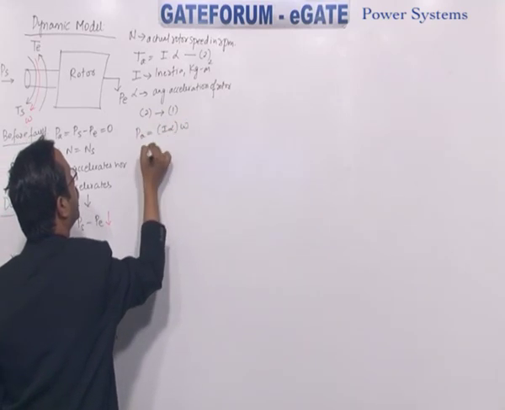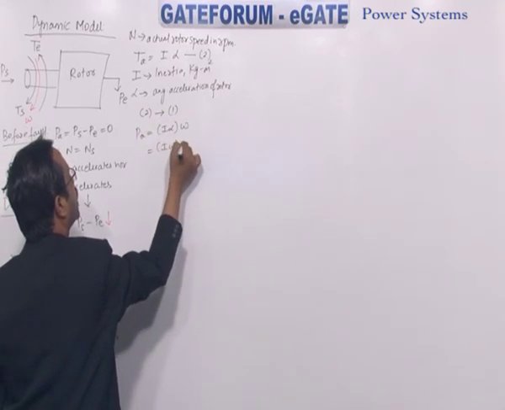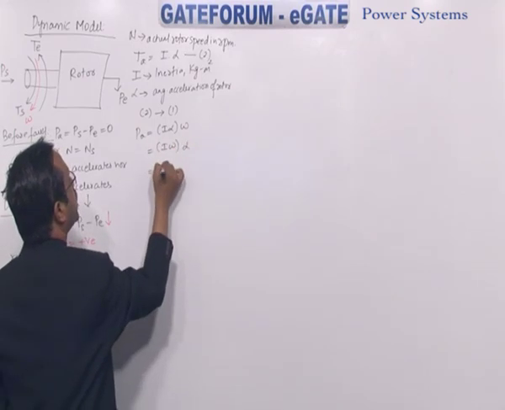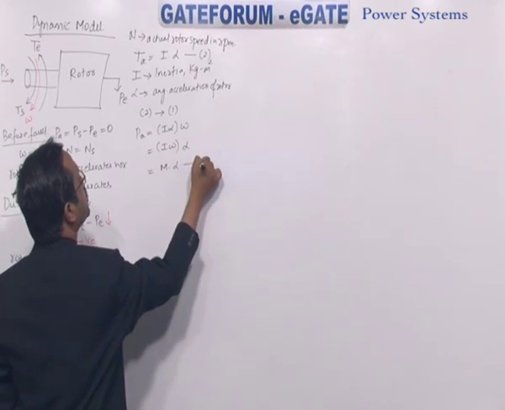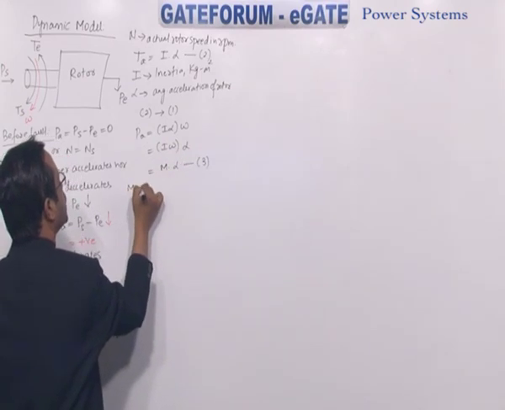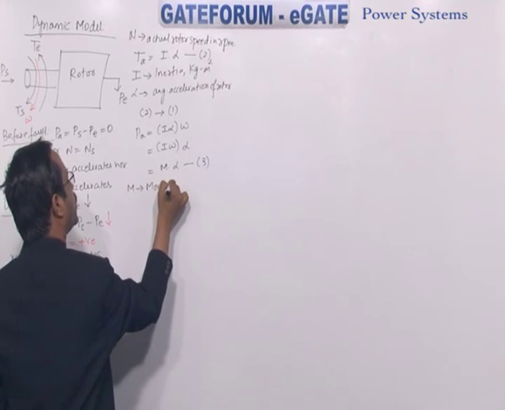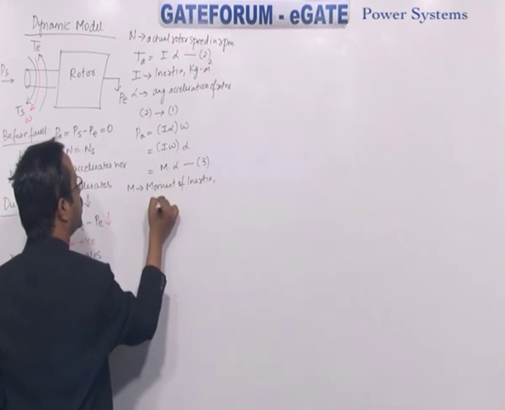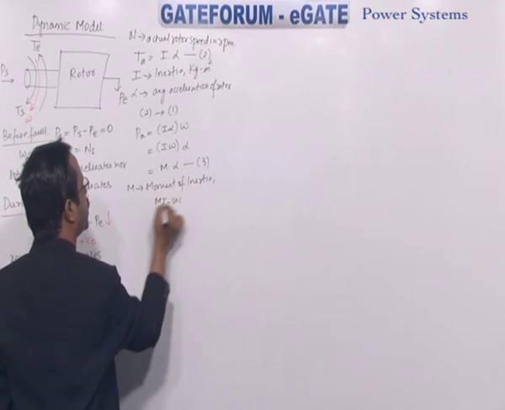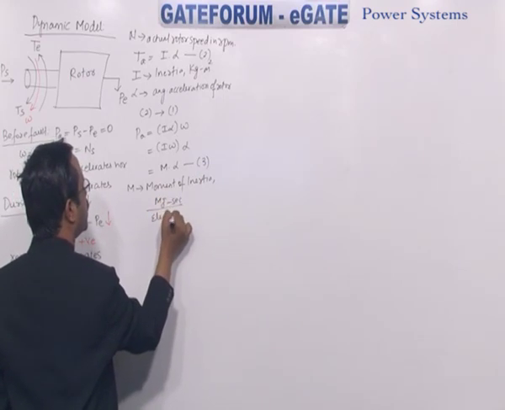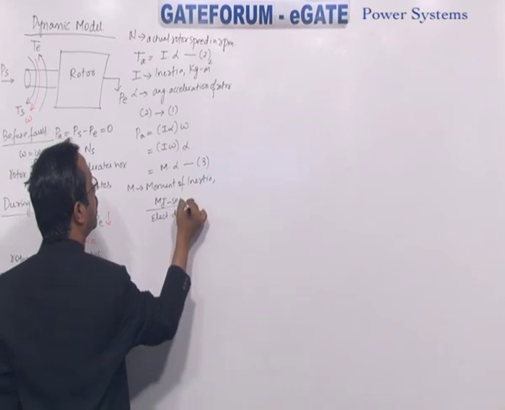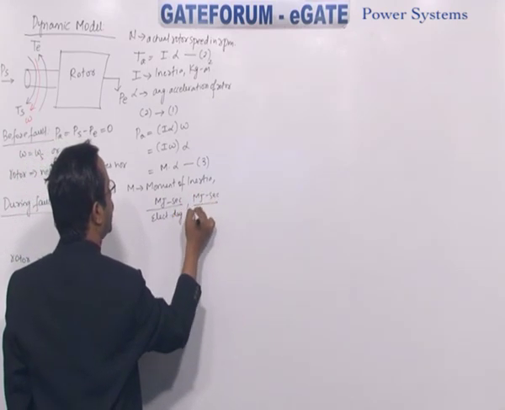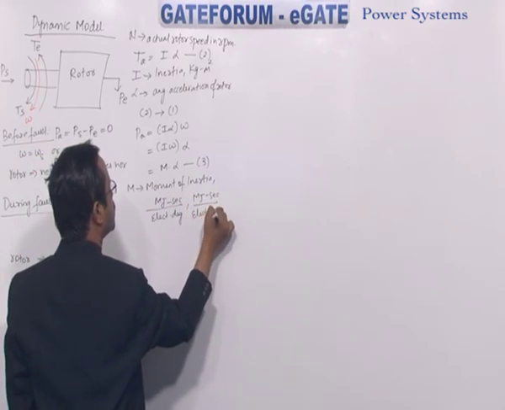I alpha into omega, or you write I omega into alpha. What is I into omega? It is M. What is M? The moment of inertia. What are the units to express it? Megajoules second per electrical degree, or you write megajoules second per electrical radian.